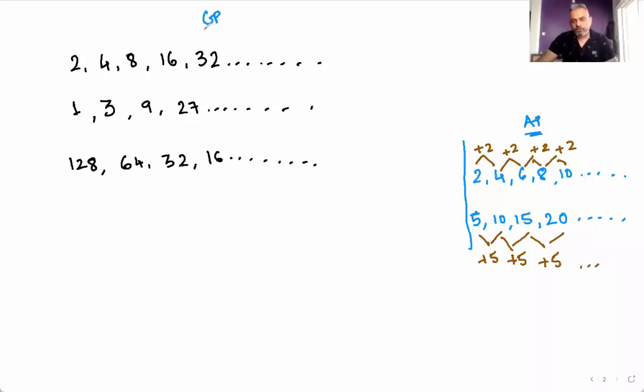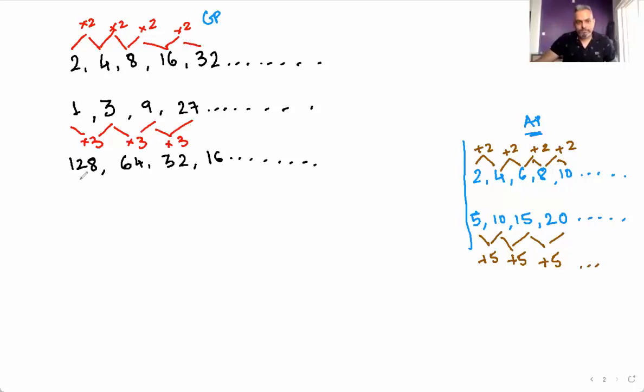Now we are going to study geometric progression. And geometric progression goes this way. 2 multiply by 2, 4. 4 multiply by 2, 8. 8 multiply by 2, 16. 16 multiply by 2, 32. So on, so forth. 1 multiply by 3, 3. 3 multiply by 3, 9. 9 multiply by 3, 27.